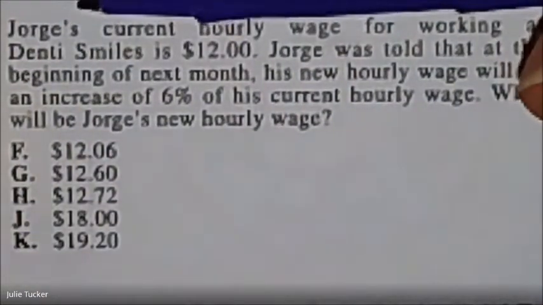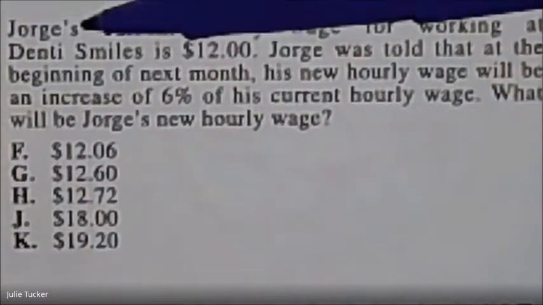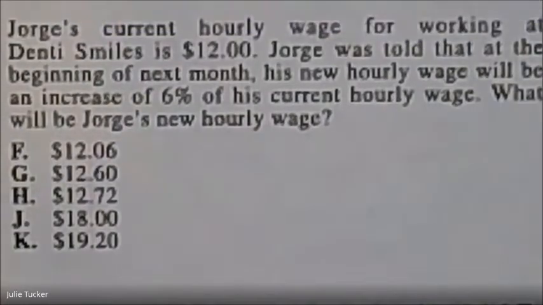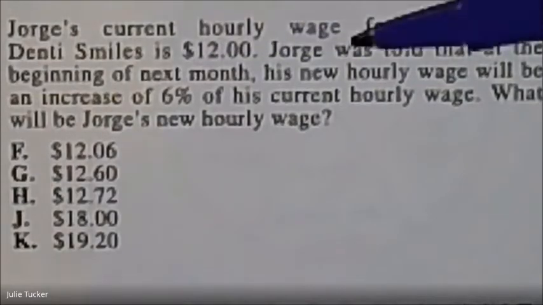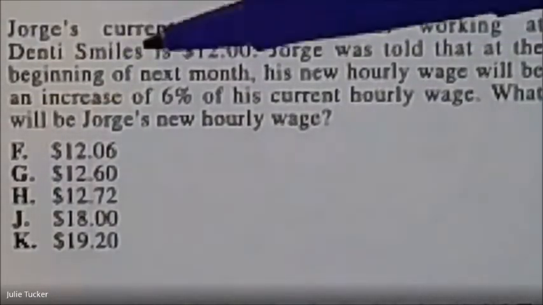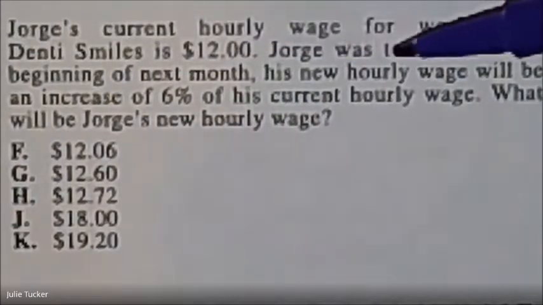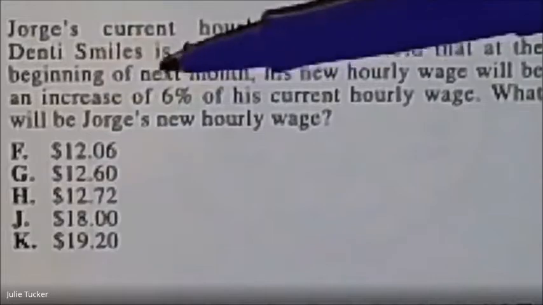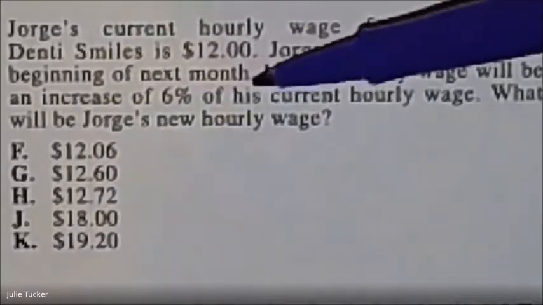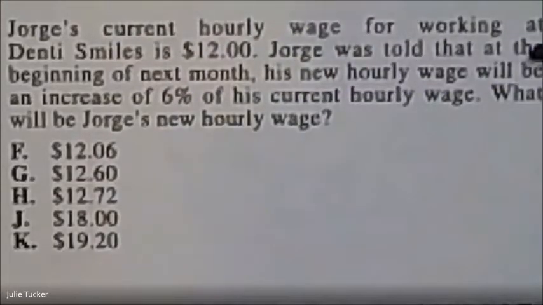All right, let's look at number 6. George's current hourly wage for working at Denti Smiles is $12. George was told that at the beginning of next month, his new hourly wage will be an increase of 6% of his current hourly wage.